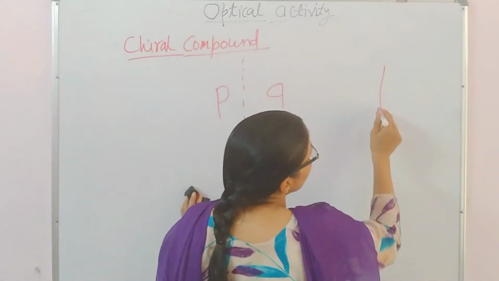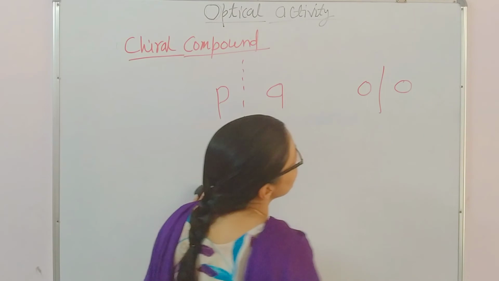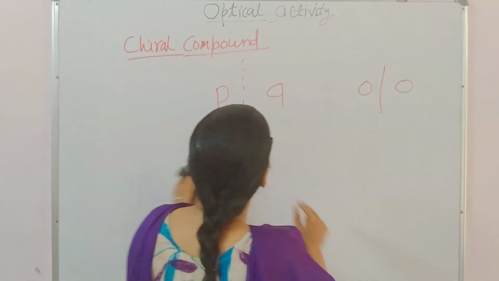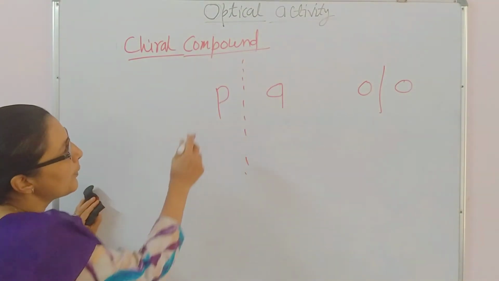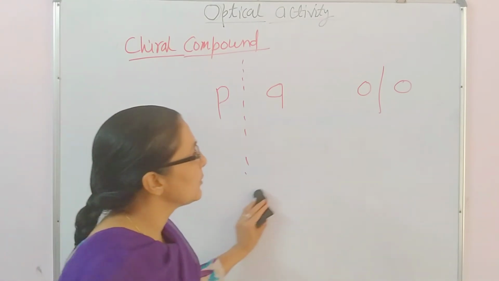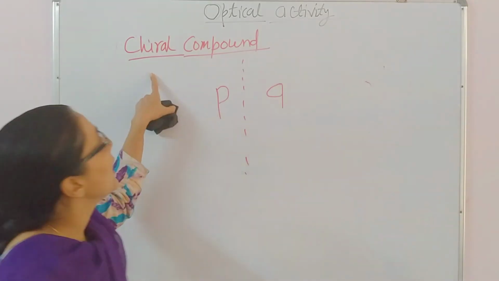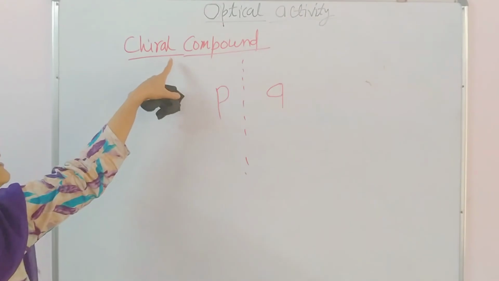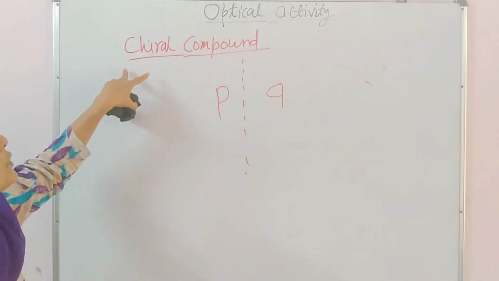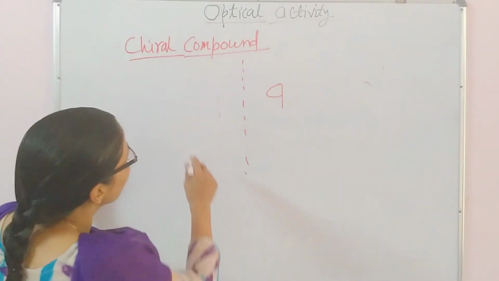You can say that the mirror image of the alphabet O is superimposable, but the mirror image of the alphabet P is non-superimposable. The word chiral is used, like hand gloves.